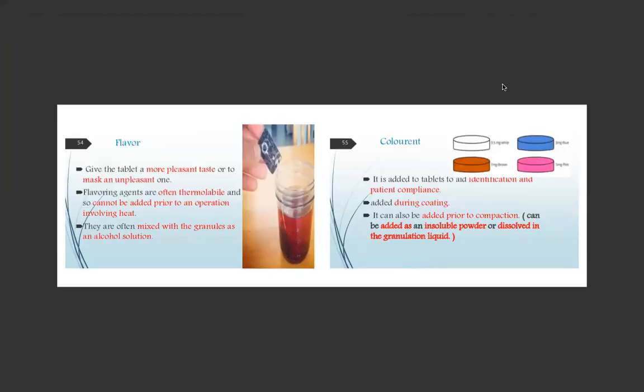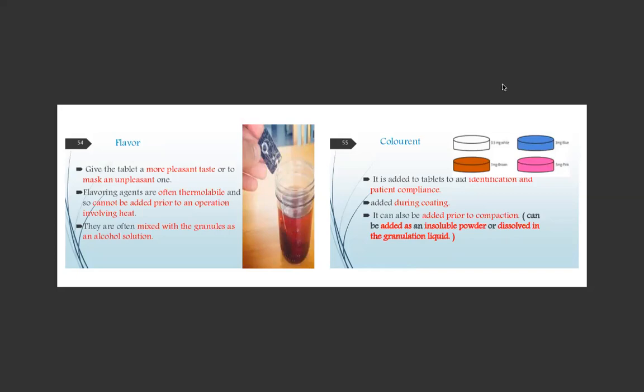Now, flavors. We all know why we add flavors. Nowadays, even in cosmetics, flavors are available. In processed food, flavors are kept. So to attract kids, to attract people, we put flavors. Here in pharmaceuticals, we put flavors to avoid unwanted flavor which can come from the drug or from the excipient.